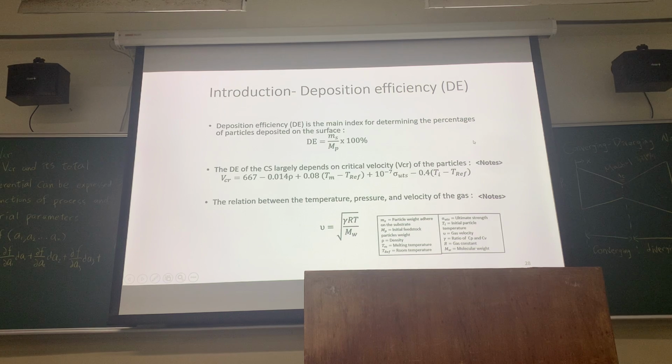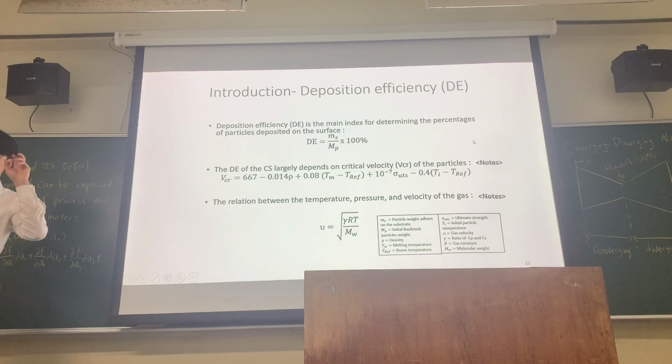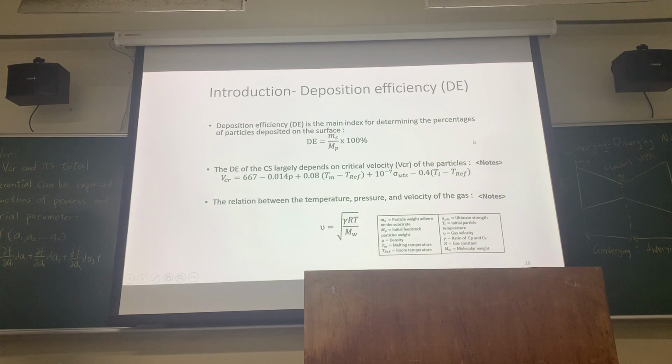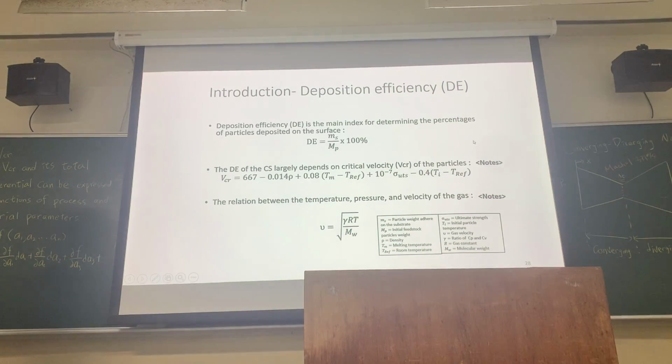Second thing about the DE, the deposit efficiency largely depends on the critical velocity. Critical velocity is a common terminology used in cold spray that you have to remember, because that's the velocity that helps you bond the particle onto the substrate.